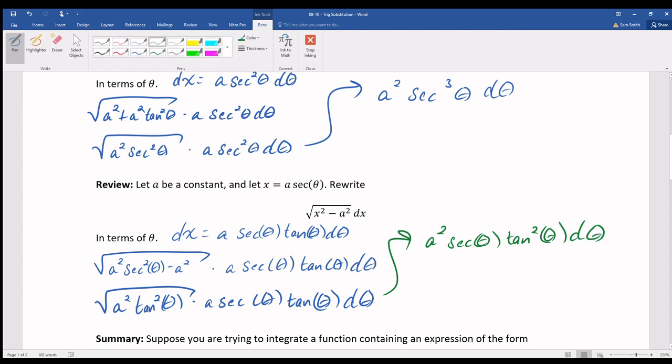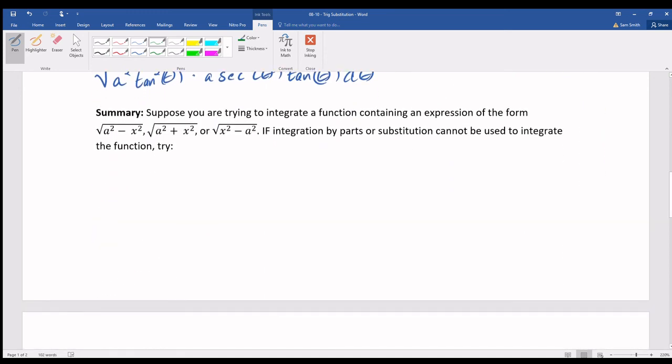Now, all of that to say that if you're integrating something that contains one of these three forms of radical expression, try one of the substitutions suggested on this page. For the square root of a squared minus x squared, substitute x equals a sine theta.